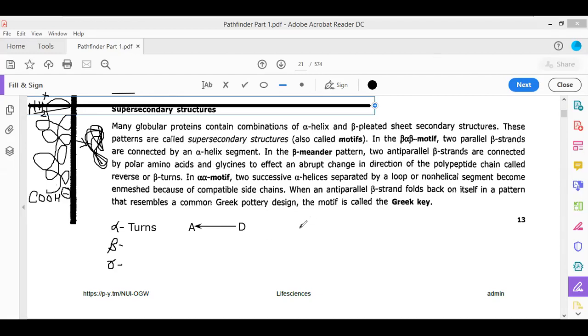So see this. There is a molecule A. There is a molecule which is called B. There is another molecule which is called C, and there is the fourth amino acid that is referred to as D. Now A and D have a hydrogen bond between them, and this is the structure of a polypeptide.